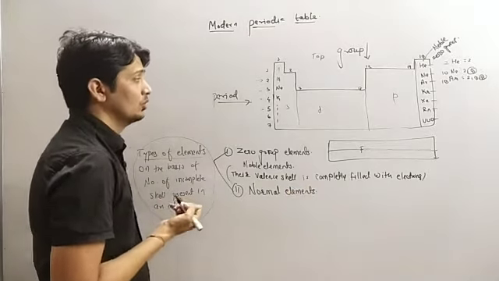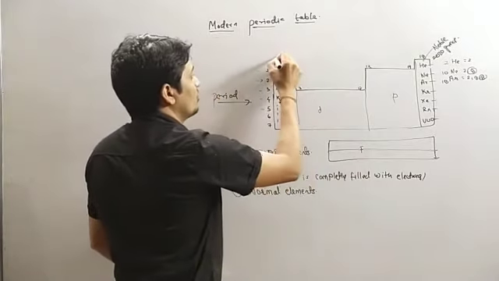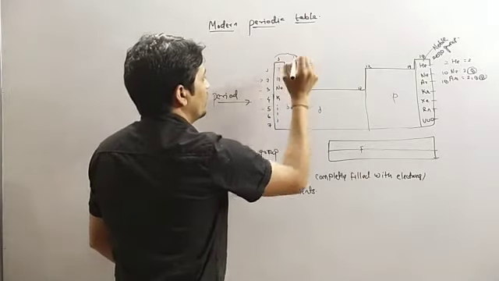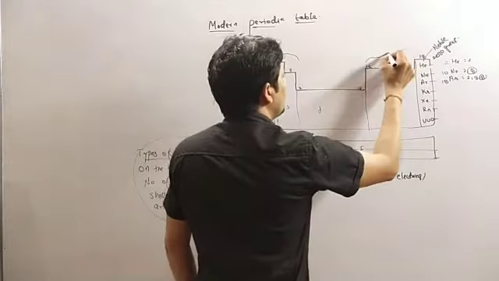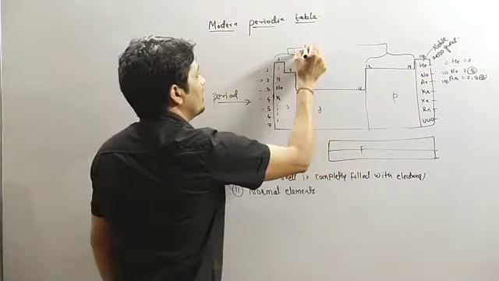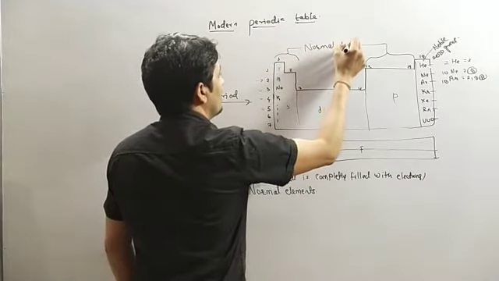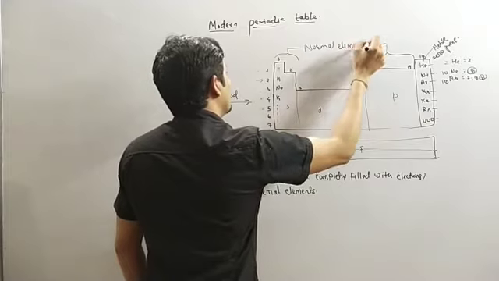Normal elements. The elements of group 1 and 2 and from 13 to 17 are called normal elements.